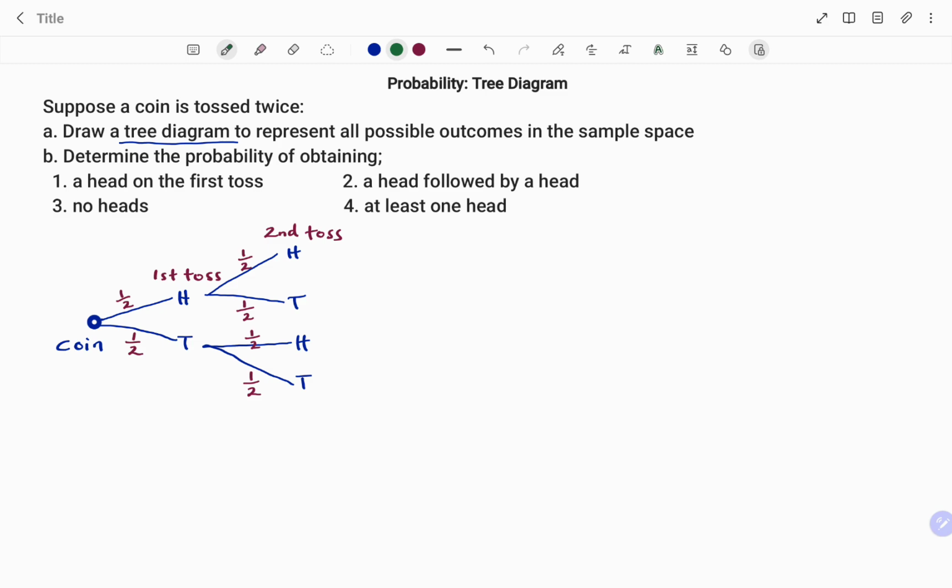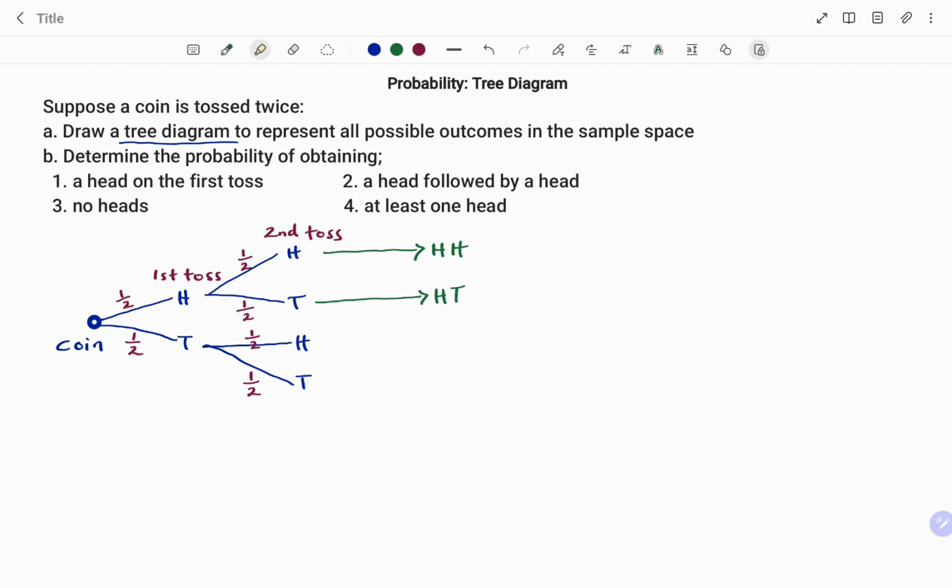Now writing out the outcomes, we're going to have a head on the first toss and a head on the second toss. I got that from following my branch of the tree diagram. We can also have a head on the first toss and a tail on the second toss.